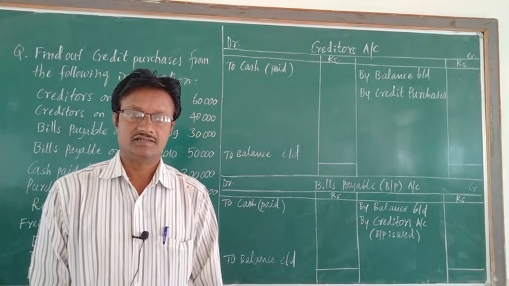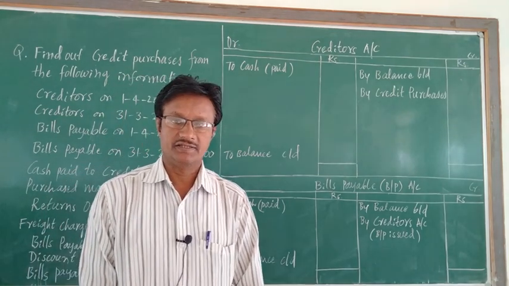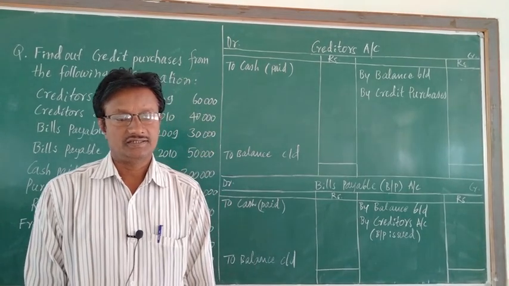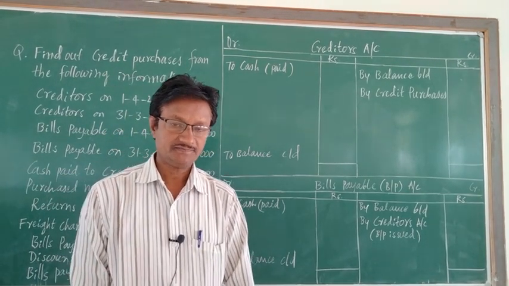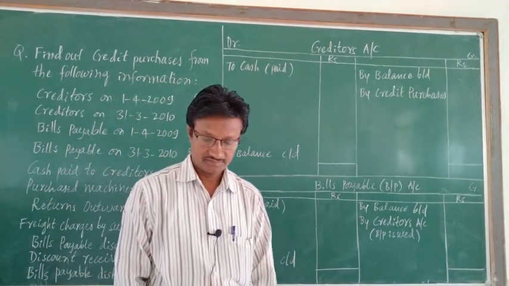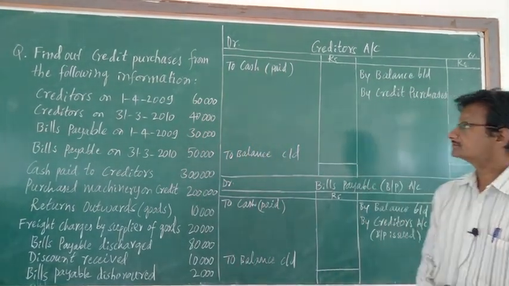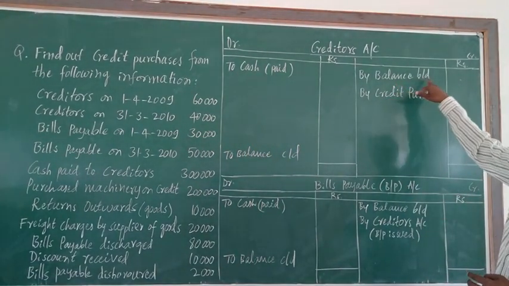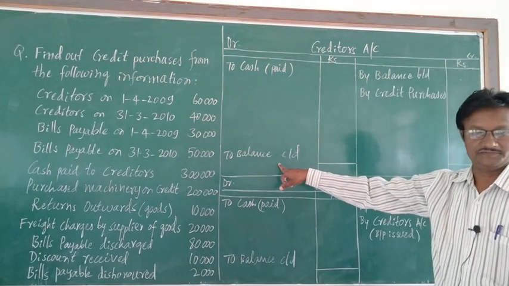In this class, we have to study how to prepare creditors account and bills payable account. In creditors account, the four important items are by balance brought down, to balance carried down.